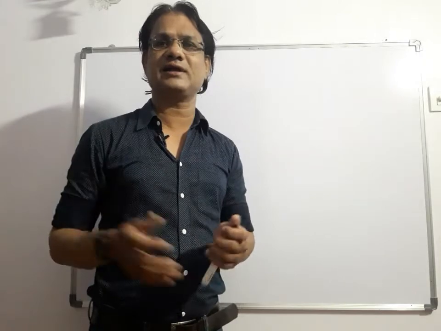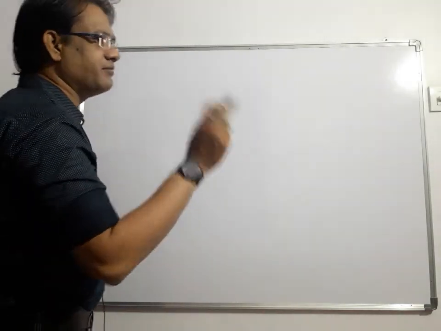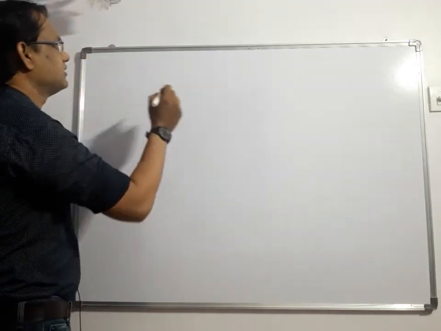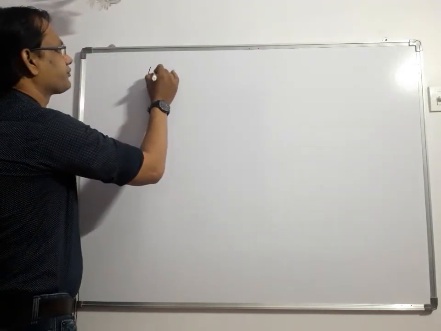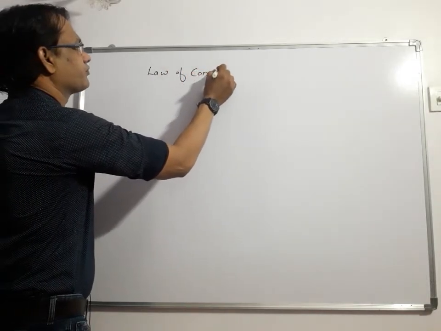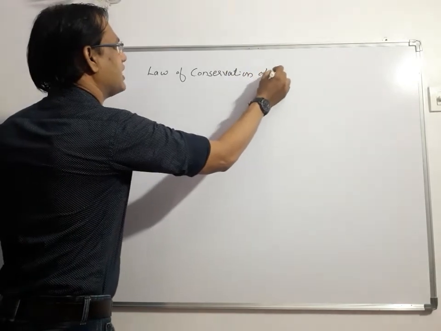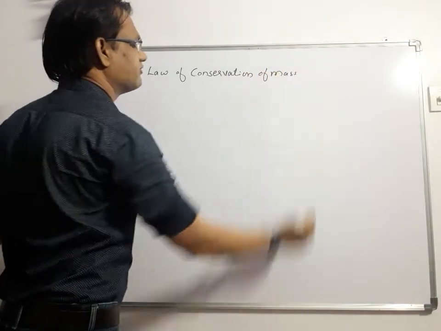Okay, so we know that when we are balancing a chemical equation, we have to keep in mind a very basic principle, that is the law of conservation of mass.